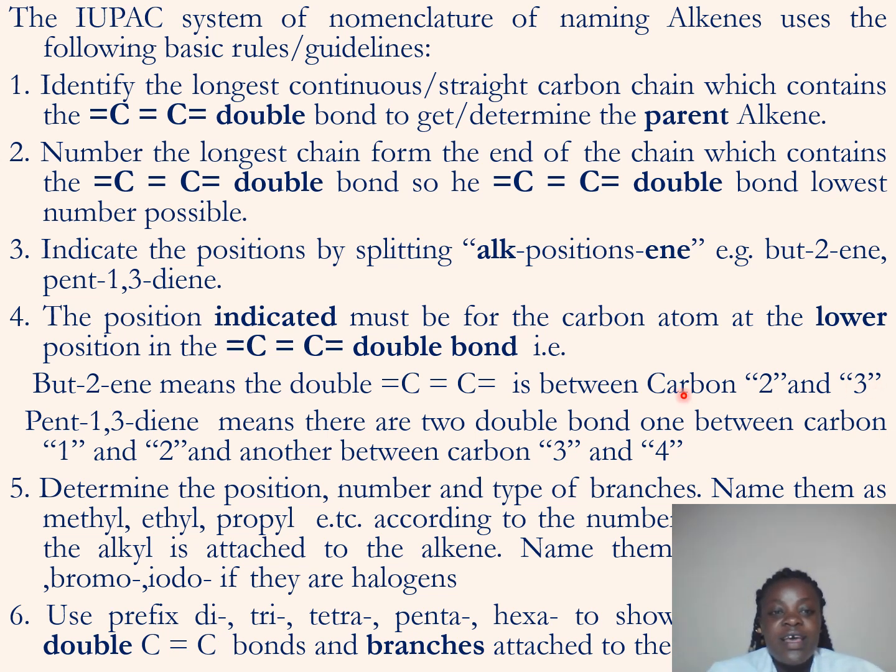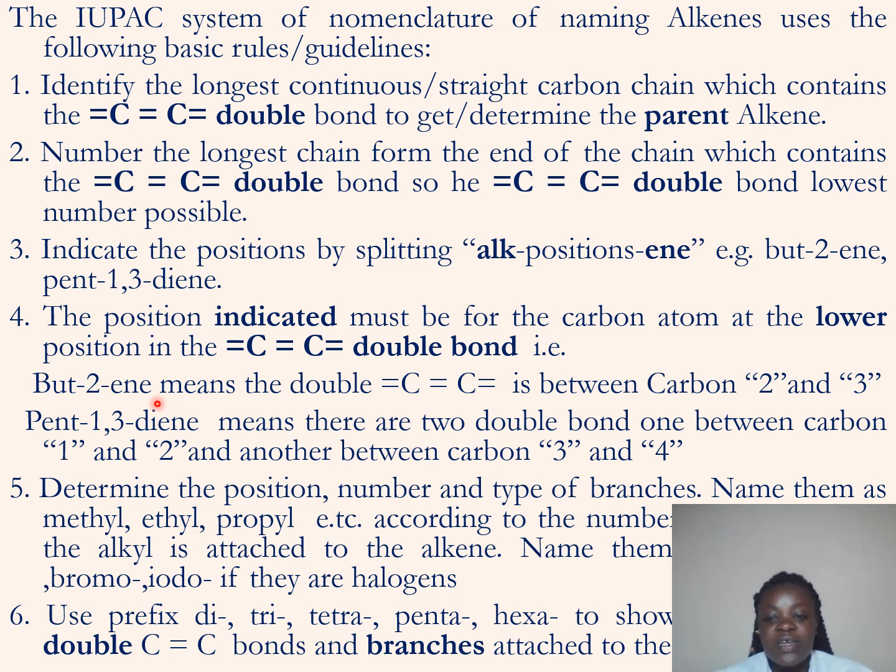All right. Then step number 4, the positions indicated must be for the carbon atom at the lower position. So if it is between carbon number 3 and 4, you will give the bond to be at carbon 3. So it will be pent-3-ene.